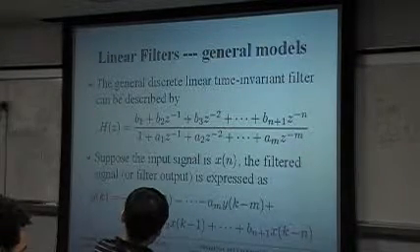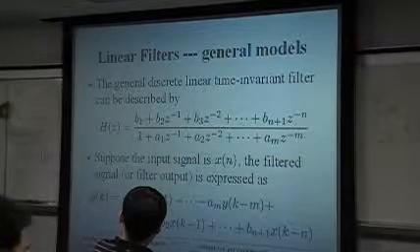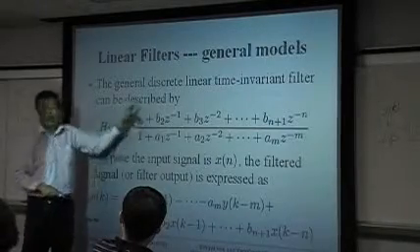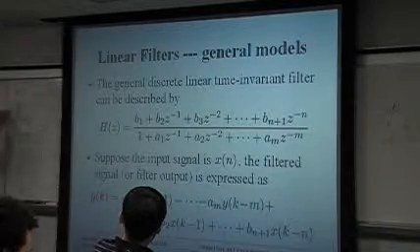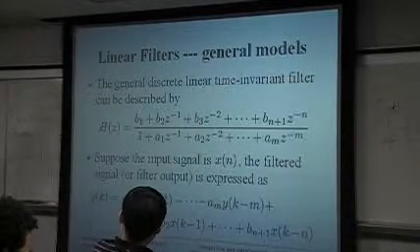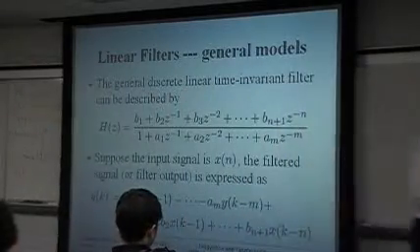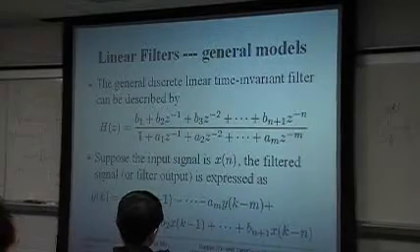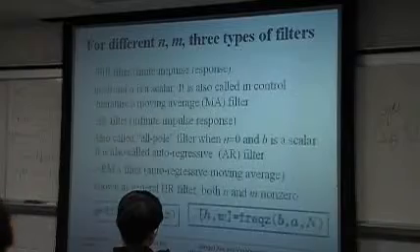Okay, and I got quite confused about which one is which. One of them is with the numerator as 1, and the other one has a full form like this, I think. This one should be infinite. It should be a form like this. Well, if the numerator is 1, then it is a FIR filter. I myself get quite confused about them.